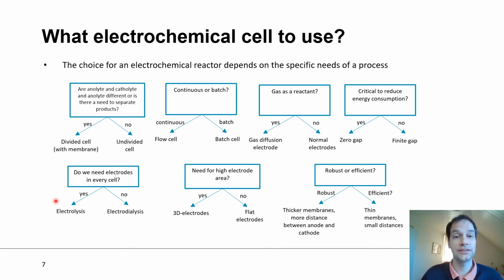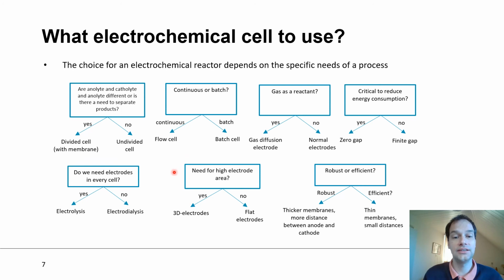Do we need electrodes in every cell? Yes, then it's a normal electrolytic process. If not, if there's no purpose of the electrodes, because for example we want to do an electrodialysis process to make a very strong concentrated salt stream, then obviously we go for an electrodialysis cell.